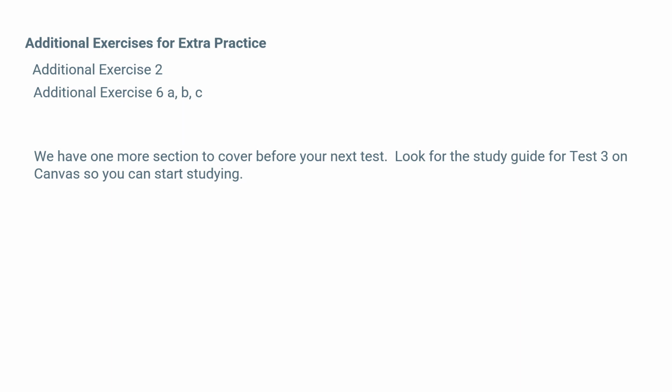Now we have one more lesson next time that we're going to cover before we're ready for our next test. Our test isn't until after we cover this one more section. But some people were asking if they could go ahead and start looking at the study guide.